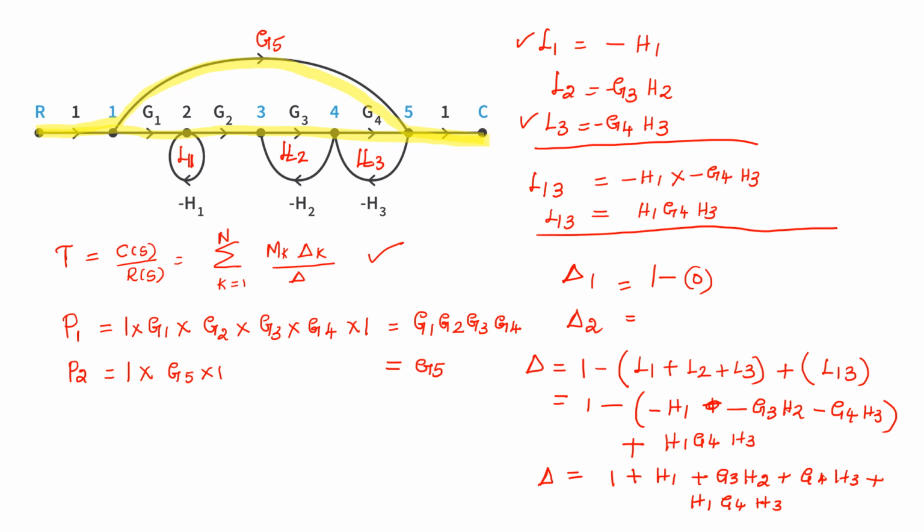Here the loops that are not touching the forward path are L1 and L2. So 1 minus H1 minus G3 H2.